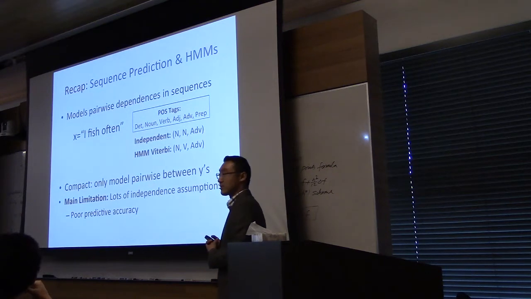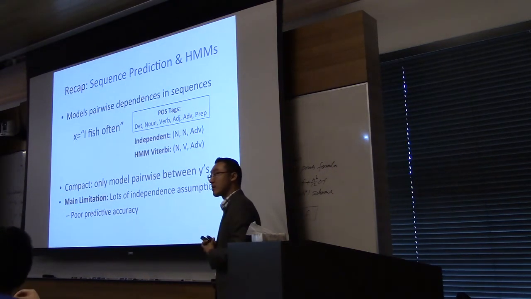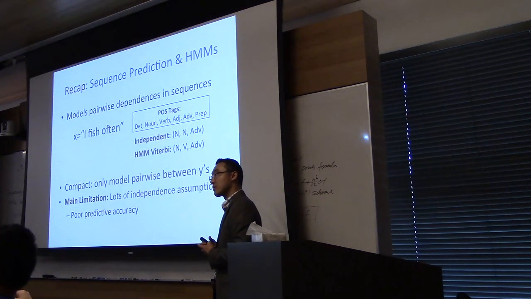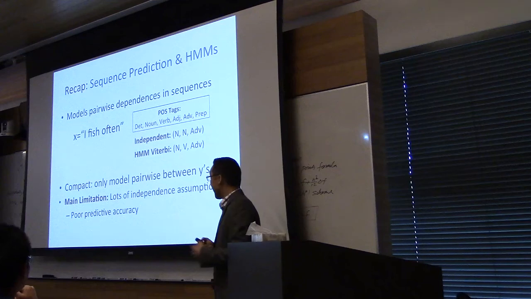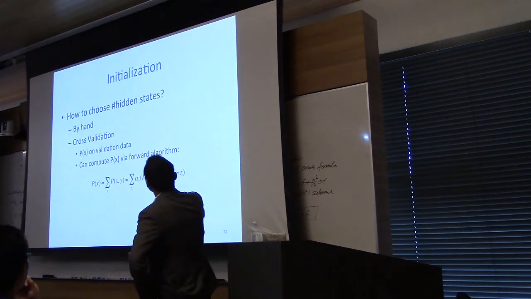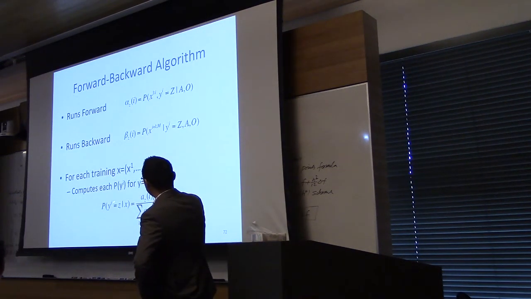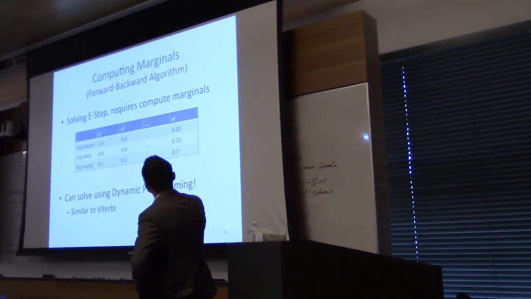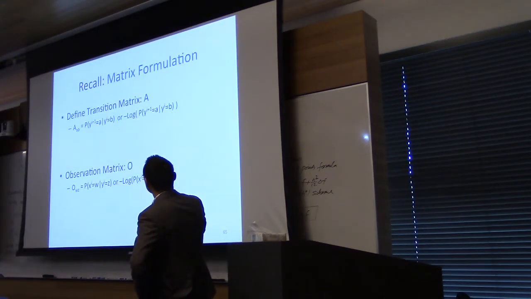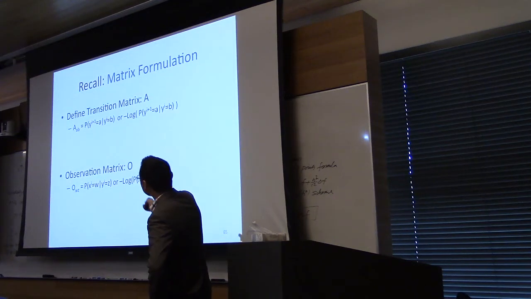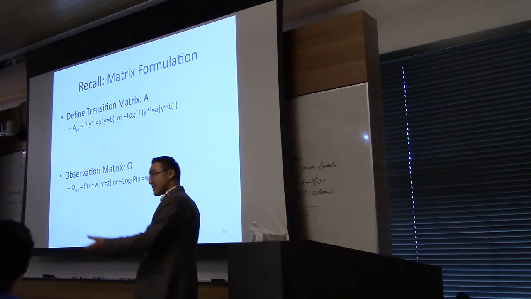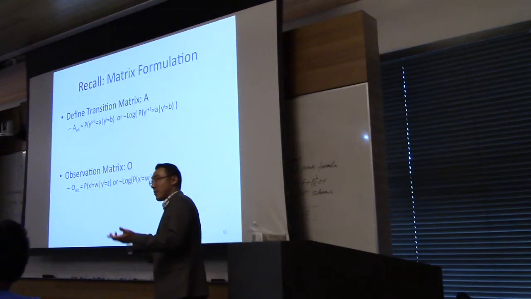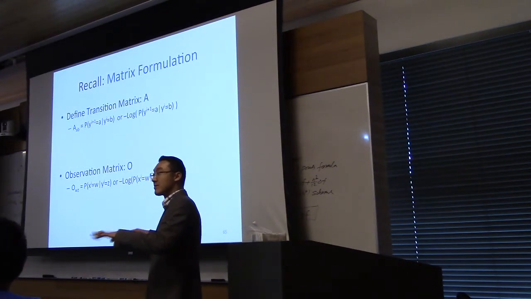Any questions? Yes? I'm a little bit confused. What is the output of unsupervised algorithm? You estimate all the parameters of the model using only the x's, while observing only the x's and no y's.